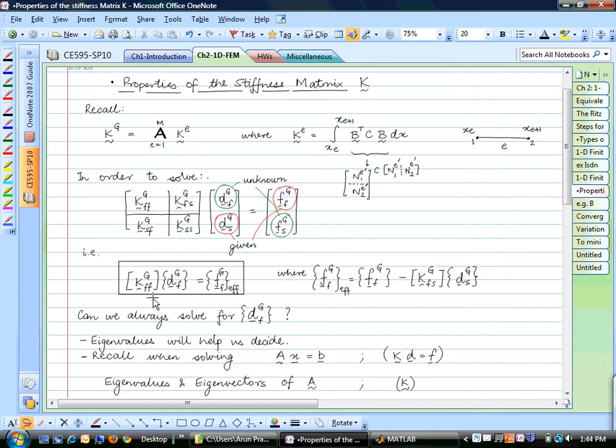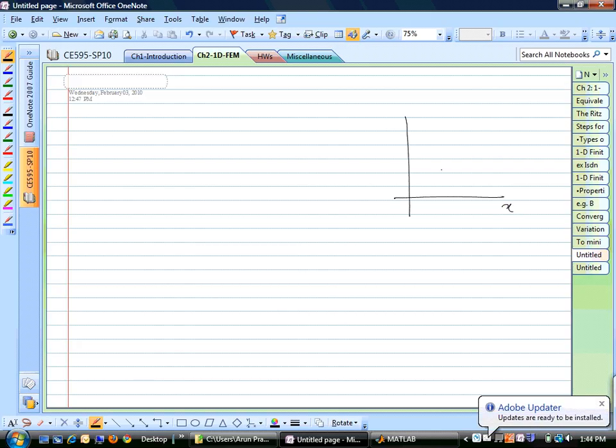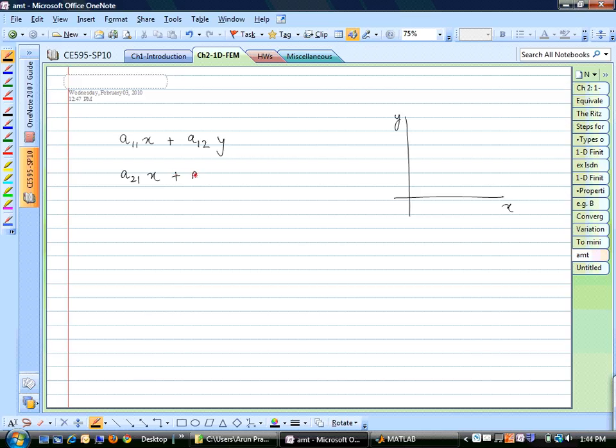So maybe just to take a look, as an aside, if I have a system of two equations and two variables, x and y: a11x plus a12y equals b1, a21x plus a22y equals b2.